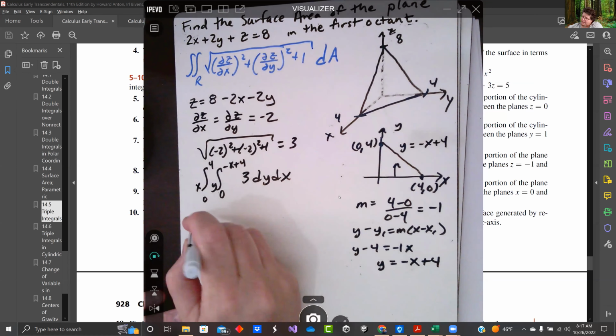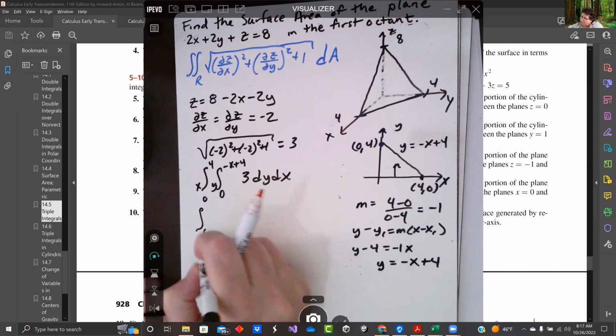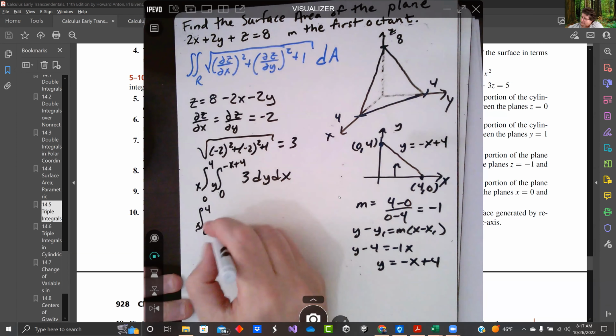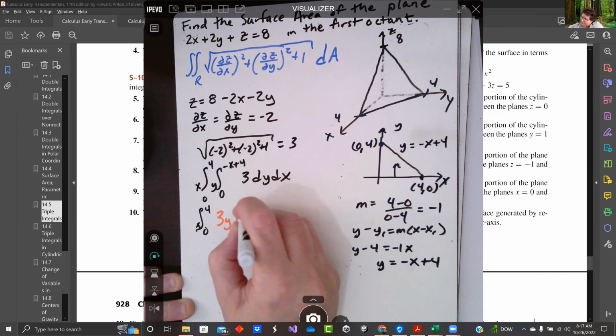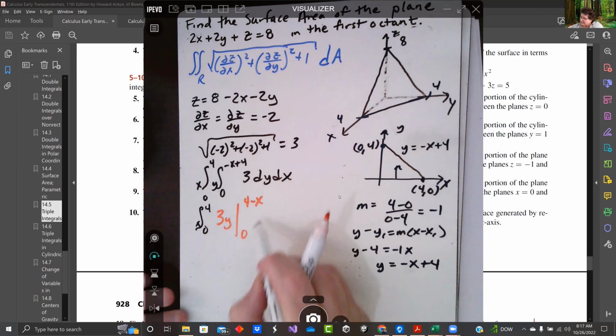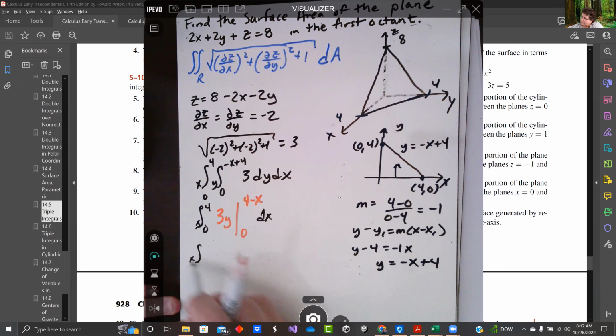So we've got 0 to 4 on x. I've got 3y evaluated from 0 to negative x plus 4, or 4 minus x, dx. This just looks like 12 minus 3x, right?